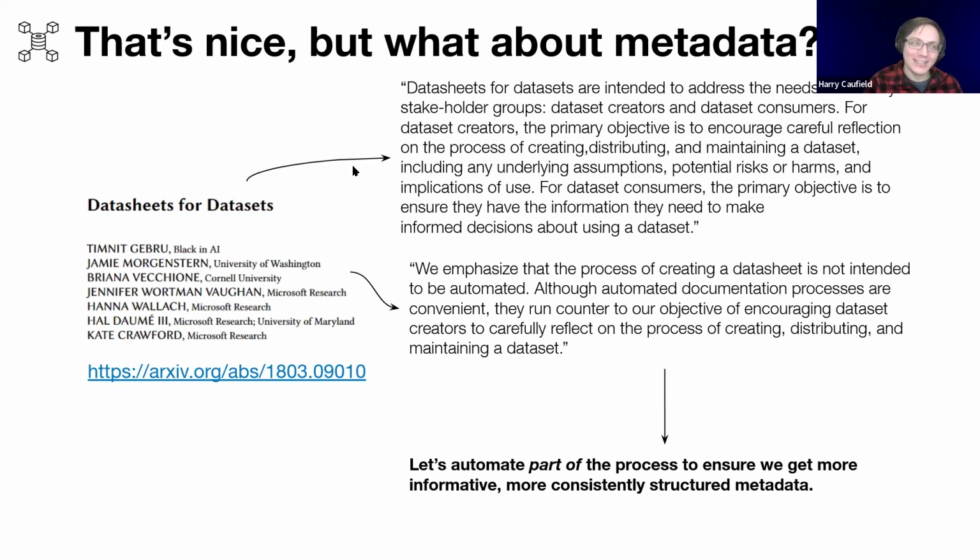And maybe not the whole thing. Obviously, there are many aspects of creating or applying a dataset that, even at this time, are still best left to human researchers. But in many ways, I think we can automate part of that process to ensure that we actually get better metadata, that it's more informative and more consistently structured, and hence itself more AI ready.